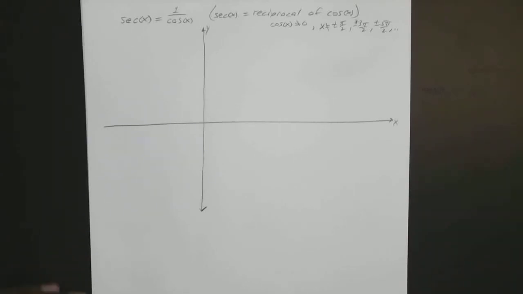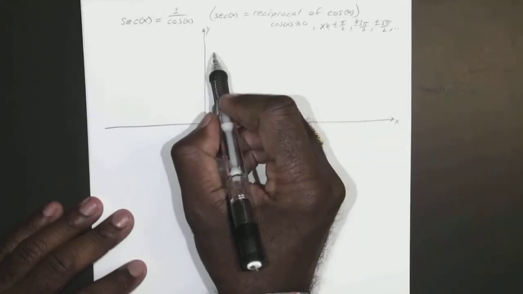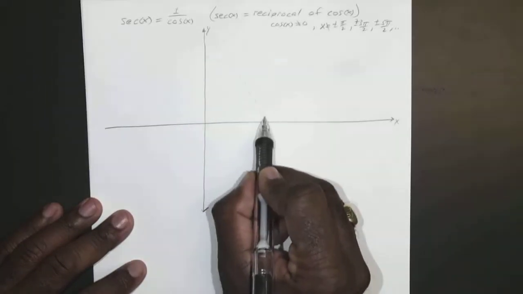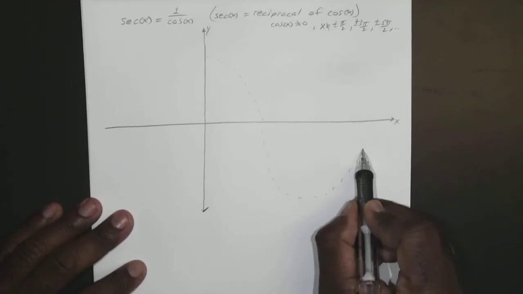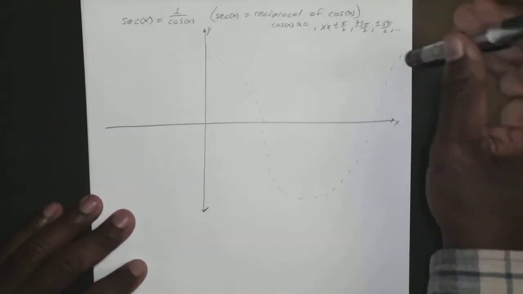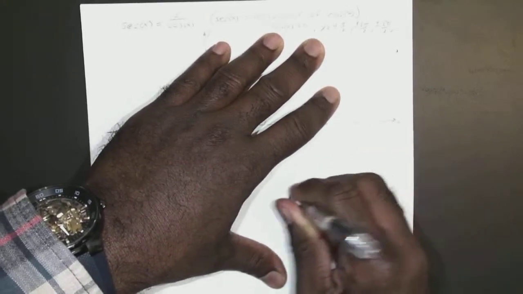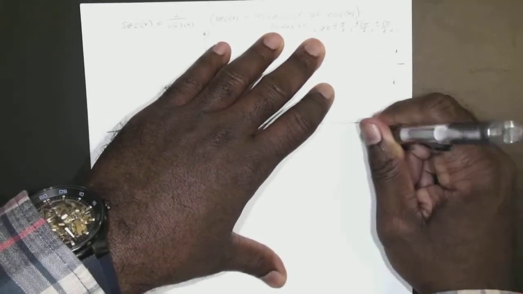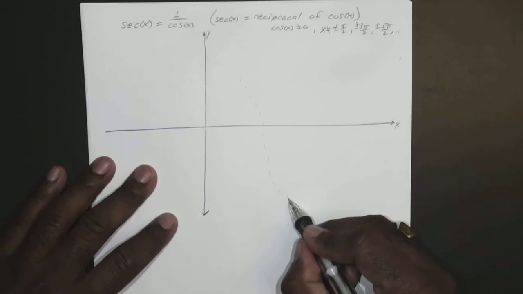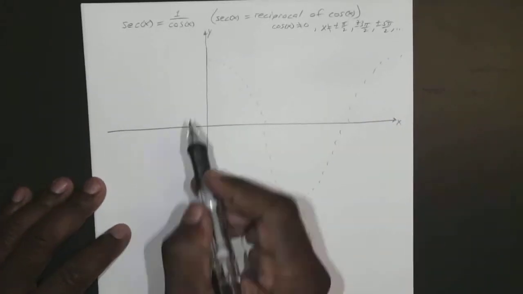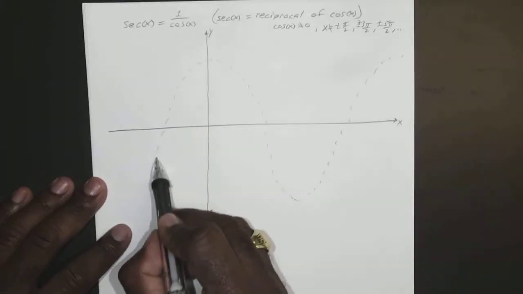If we do a quick sketch of our cosine, make sure we have enough room to go up to 2 pi. There we go. And it even goes the same way in the other direction.